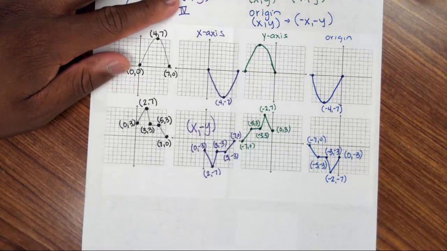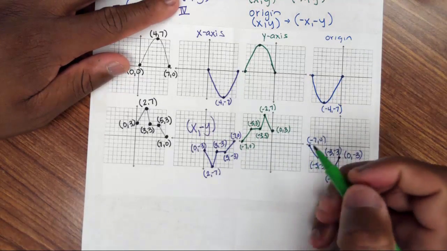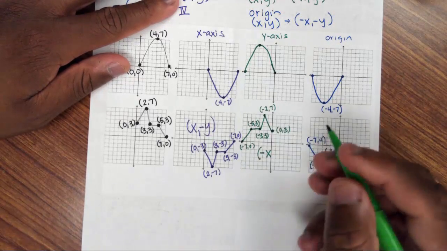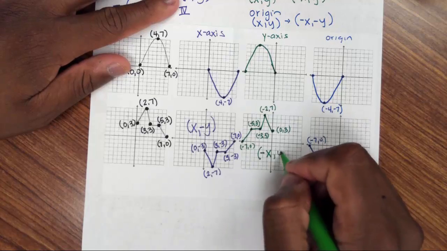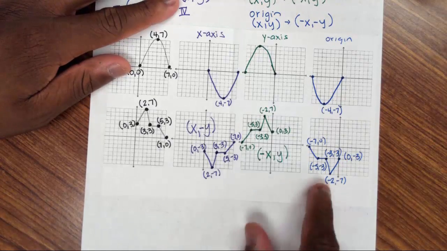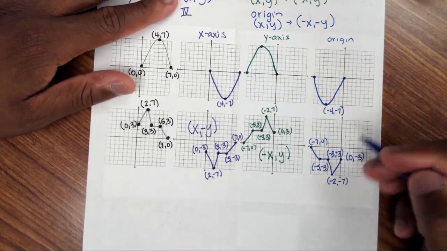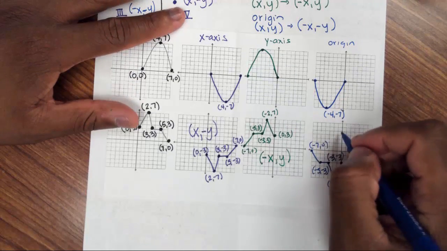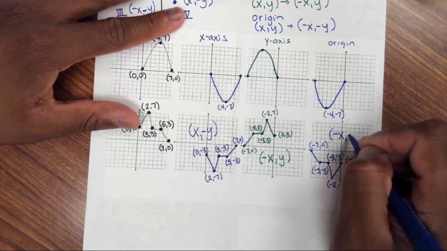And the second one, the thing that's changing now is your x values, because you're going across the y-axis, so your x's change their signs, the y's remain the same. In the last function, you're flipping your x's around, and you're also flipping your y's around. So here you're going to go to negative x, negative y.